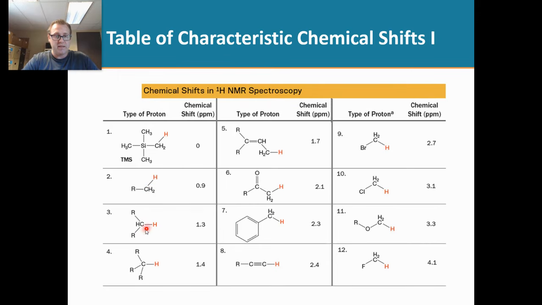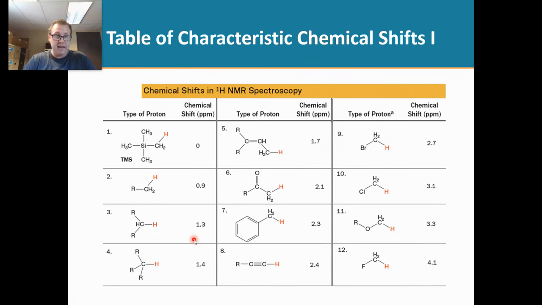But look at what happens if to that carbon right there, we add a second R group. See how the chemical shift has changed to 1.3. If you add a third R group, it's now at 1.4.